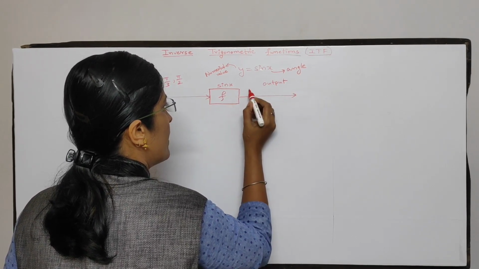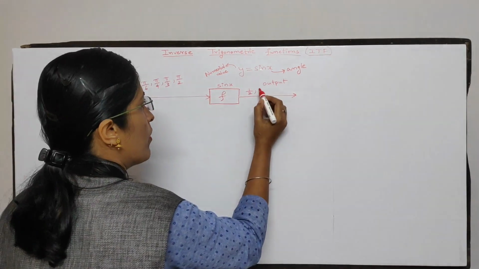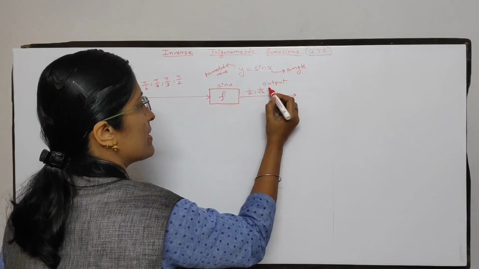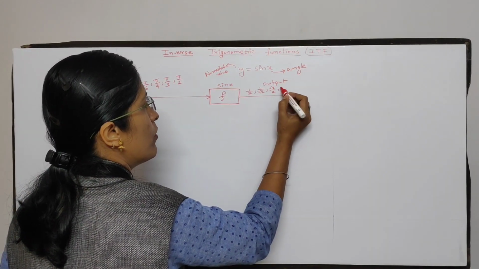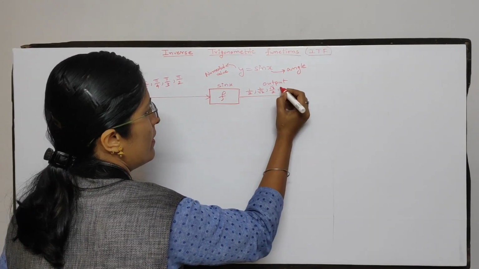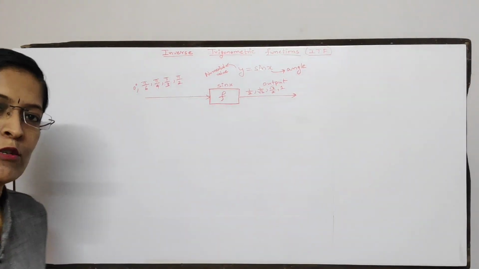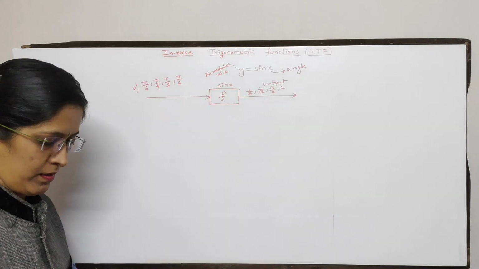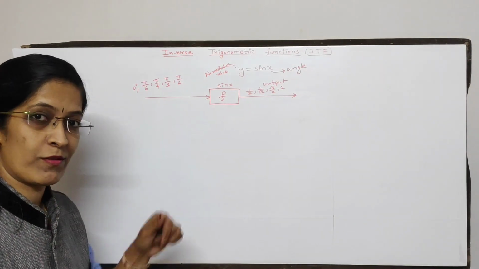What is sin 30 degrees? 1 by 2. Sin pi by 4 is 1 by root 2, sin 60 degrees is root 3 by 2, and sin 90 degrees is equal to 1. Sin 0 degrees is 0. This is what we have studied in trigonometry and the functions topic.